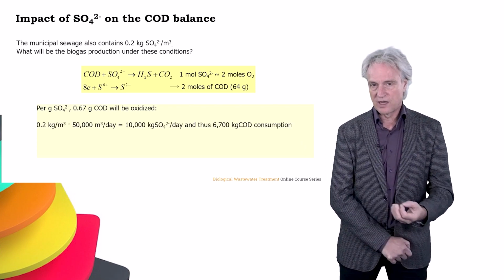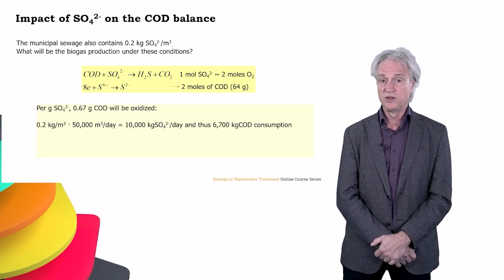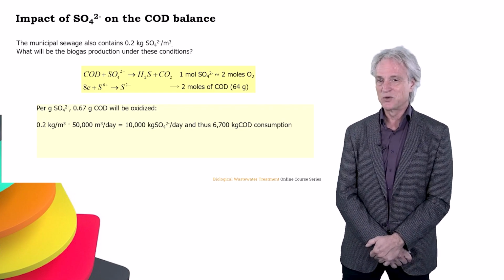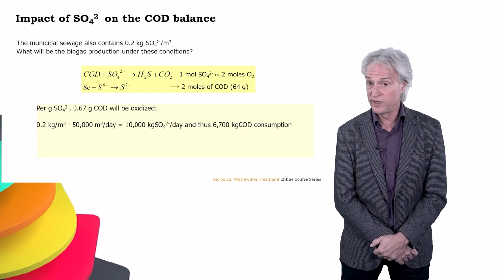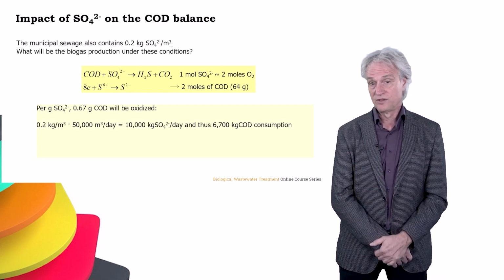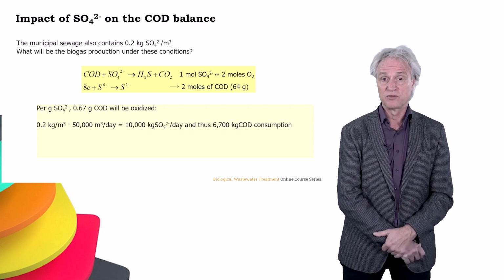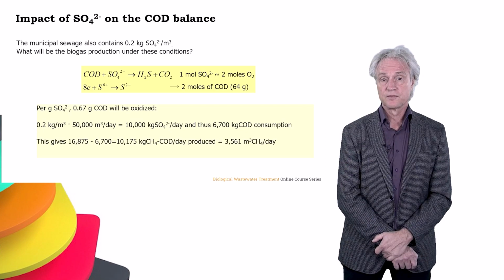In our situation we have 0.2 kilograms of sulfate per cubic meter times 50,000 cubic meters per day, which is 10,000 kilograms of sulfate entering the anaerobic reactor, times 0.67 is 6,700 kilograms of COD consumed.